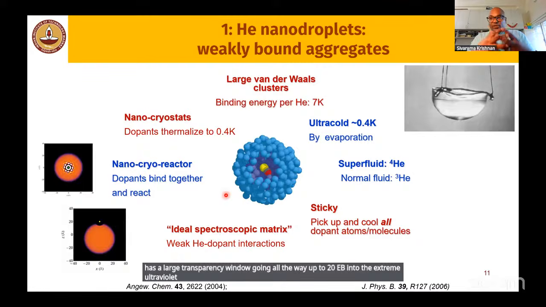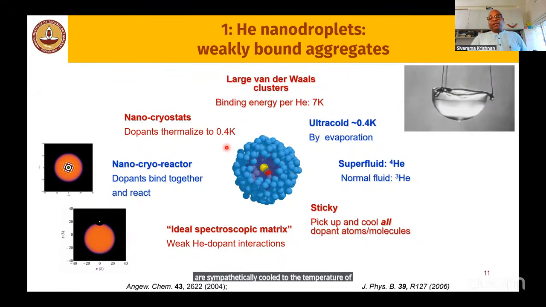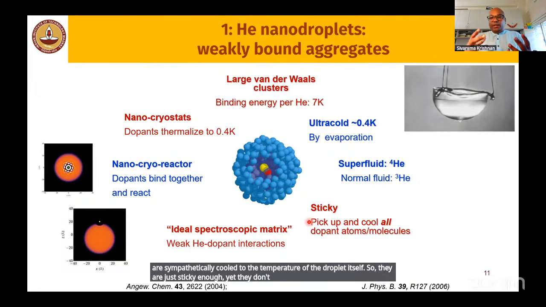And in the process of getting doped, aggregates that are formed inside helium droplets are sympathetically cooled to the temperature of the droplet itself. So they are just sticky enough, yet they don't interact too much, so these dopants are not significantly affected in any way, thus becoming nanocryoreactors for studying nanoscale and angstrom scale aggregates.